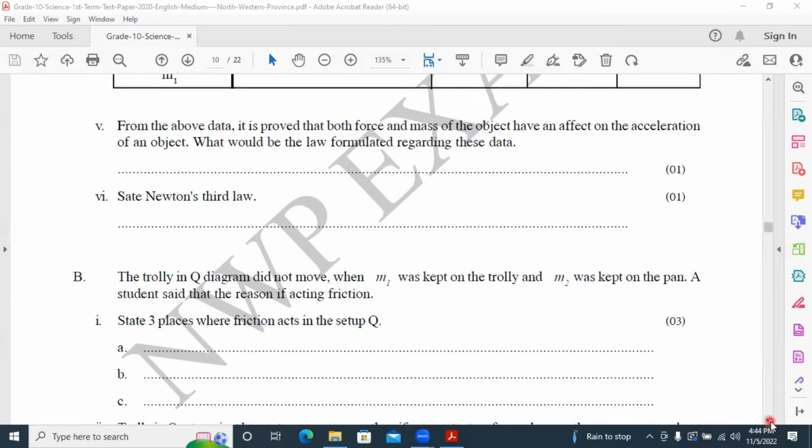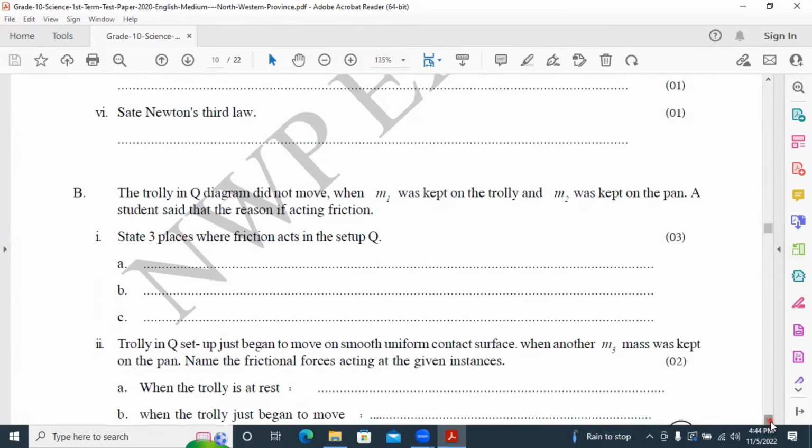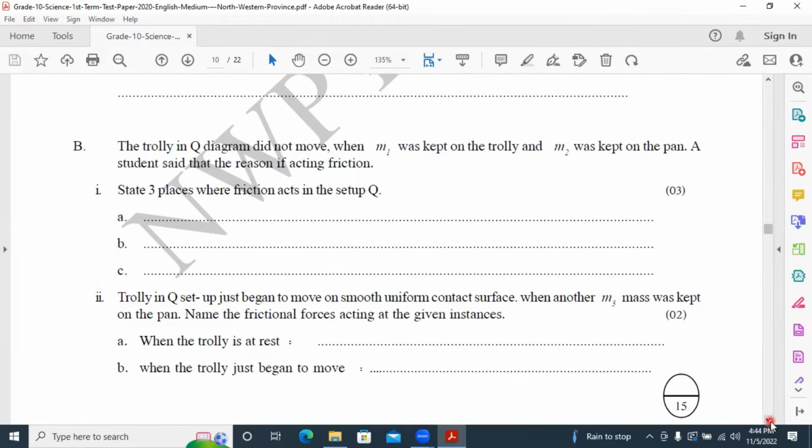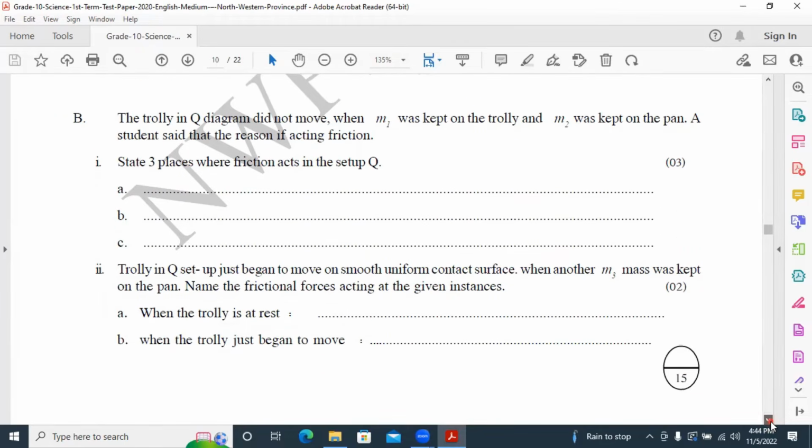B part. The trolley in Q diagram did not move when M1 mass was kept on the trolley and M2 mass was kept on the pan. A student said that the reason is friction acting.